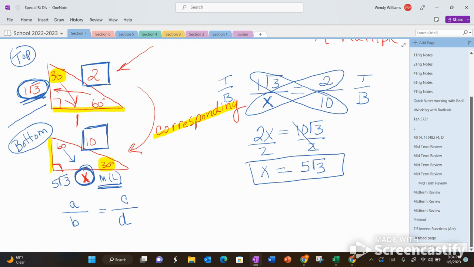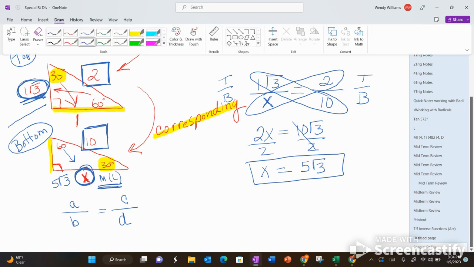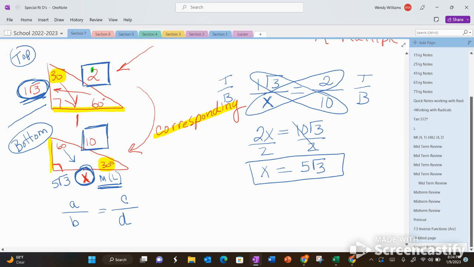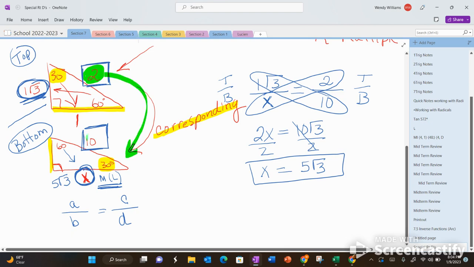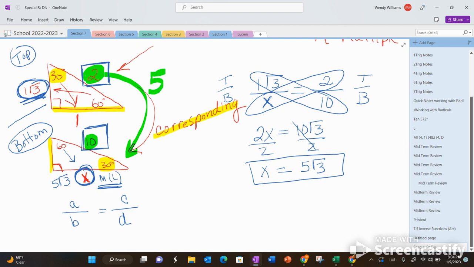Now, if you know that these triangles are nothing but scale factors or multiples, and we know that this is 2 and it goes to 10, we knew that that was a multiple of 5, right?